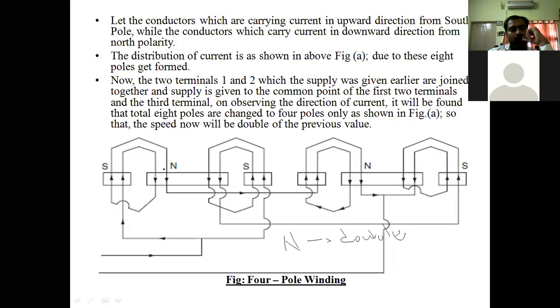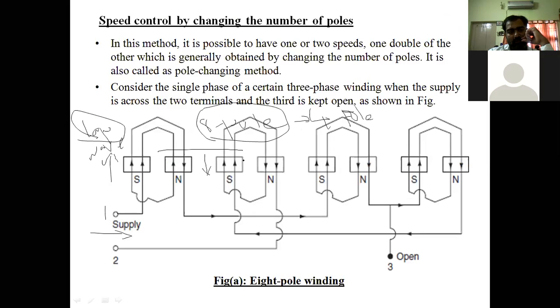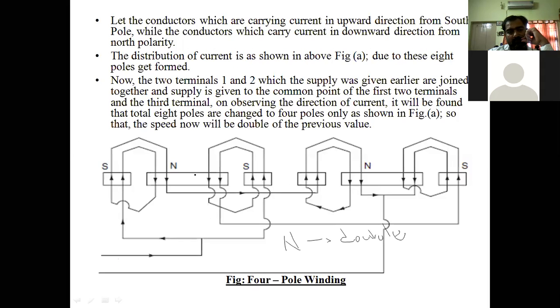The total 8 poles are changed to 4 poles. Here this north and south together make one magnet, one pole. So in total we have 1, 2, 3, and 4. These are the 4 pole windings.